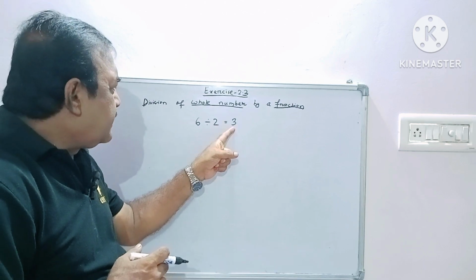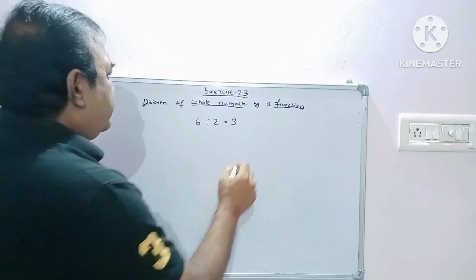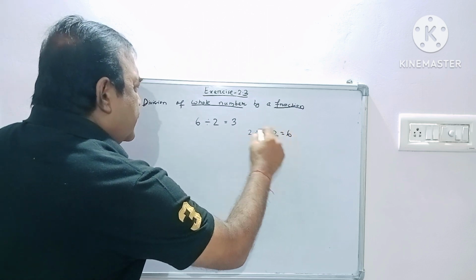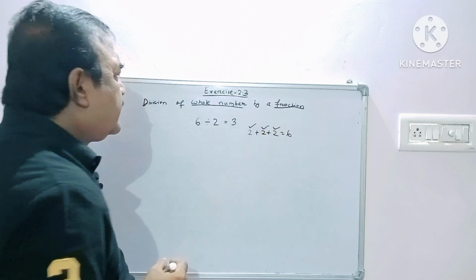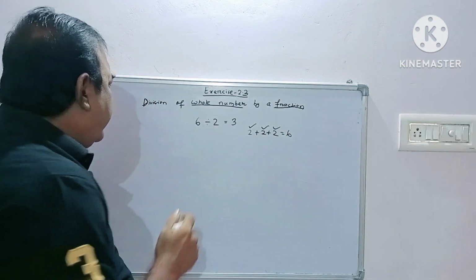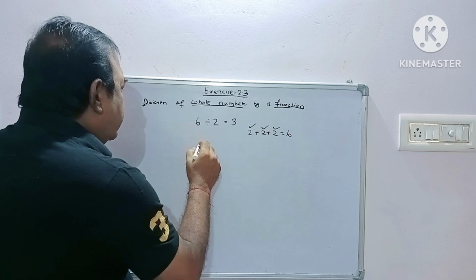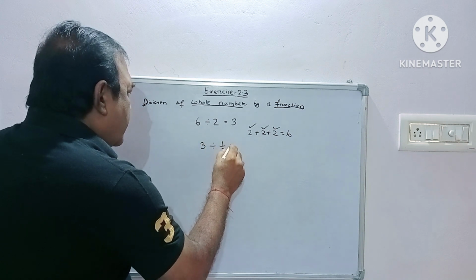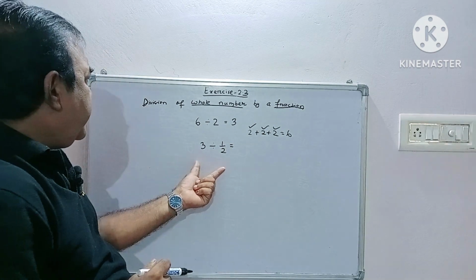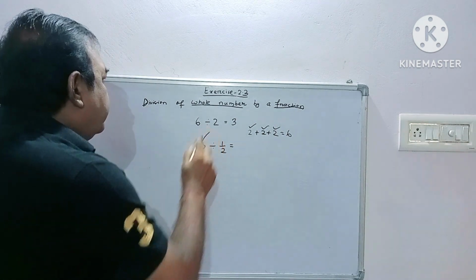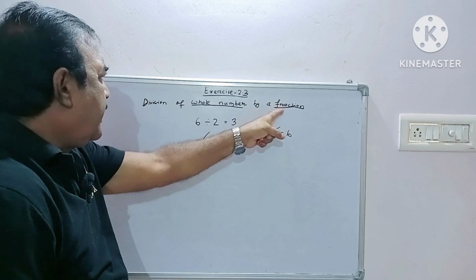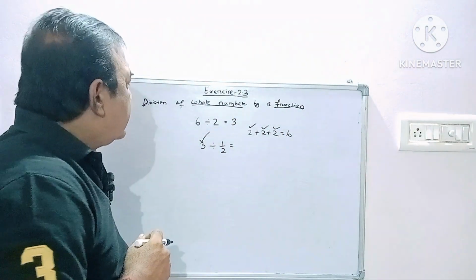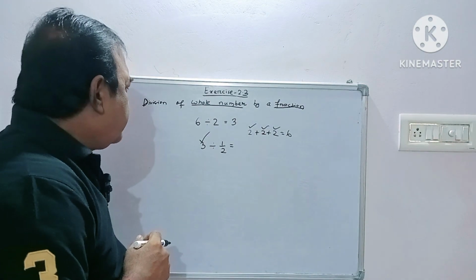Now the answer is very simple. That is 3. You see, how many 2's? There are 3 2's. So like this, if I write 3 divided by 1 upon 2, what does it mean? You see, 3 is a whole number. And the fraction, you see, 1 upon 2, that is 1 divided by 2.